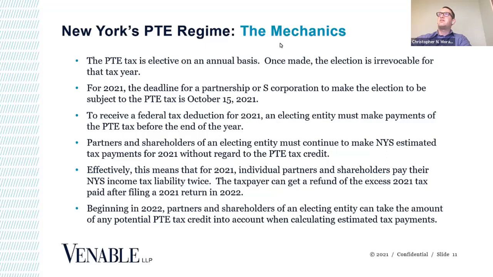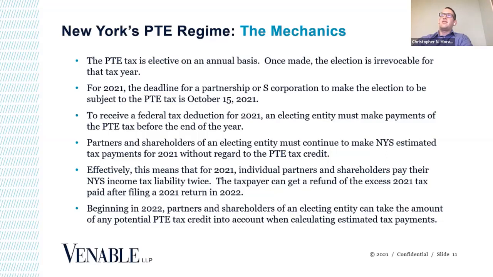And here's sort of a tricky part: the partners or shareholders of an entity that elects to pay the PTE tax, they have to continue to make the New York State estimated tax payment. So effectively, that means the individual partners and shareholders are going to pay their New York State income tax liability twice, because first they're going to make their individual estimated tax payments, those quarterly ones. 3 of those should have been made already, but then they're going to have to pay that liability again by 12/31/2021 to get the benefit.